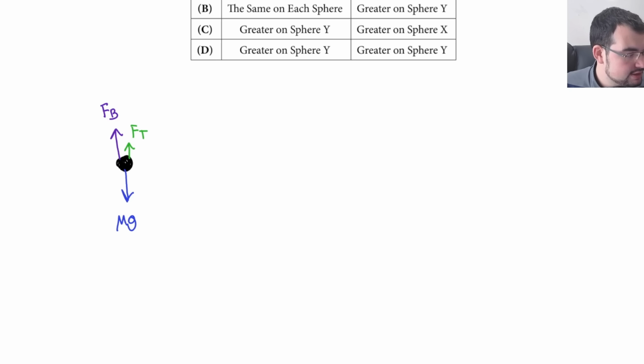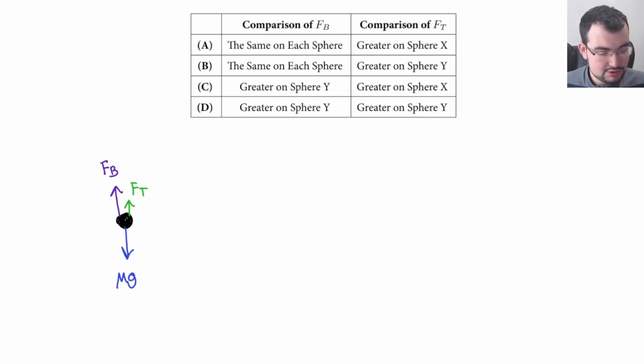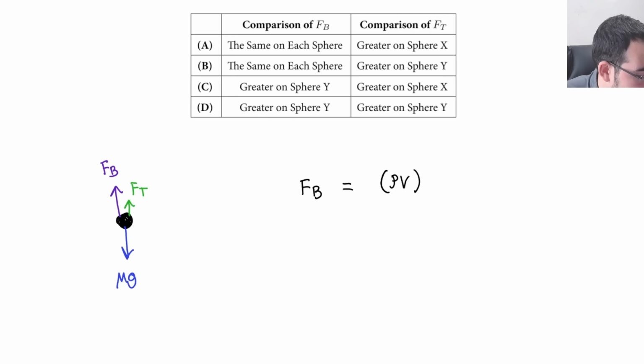So we can see that the buoyant force is going to tell us how much tension we need, because the buoyant force will help out the rope by some amount. So what is the buoyant force? Well, the buoyant force is equal to the displaced mass of the fluid, rho v, times g. Right? It's just the weight of the displaced fluid.